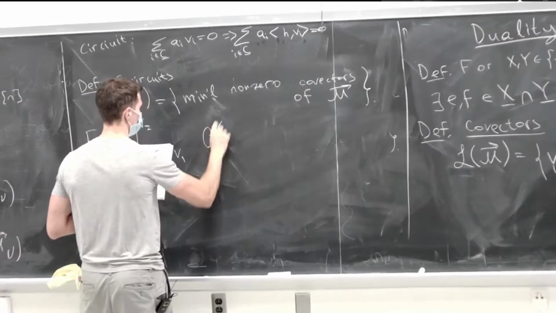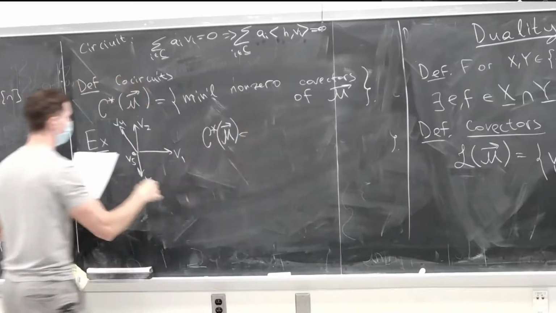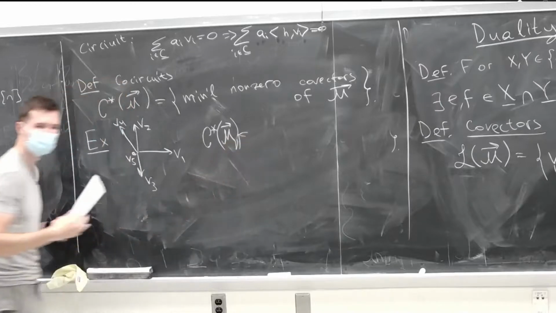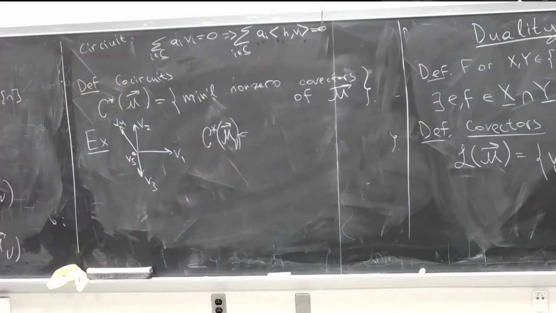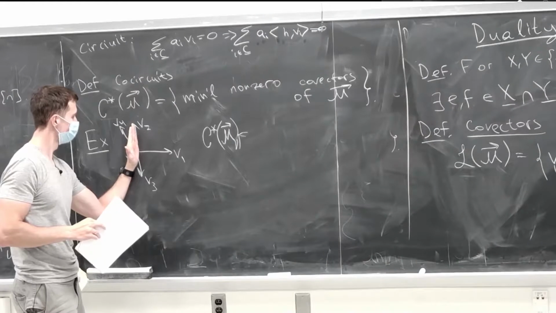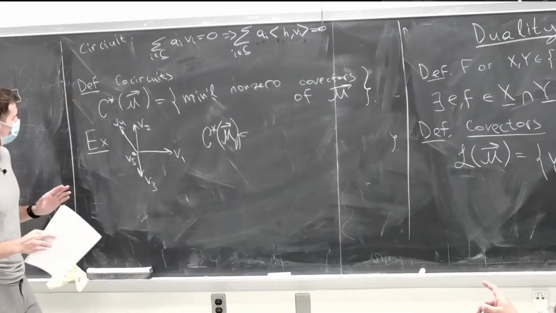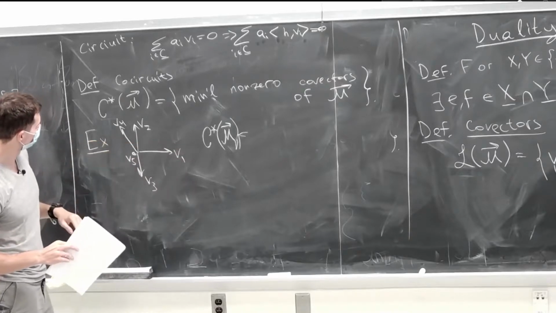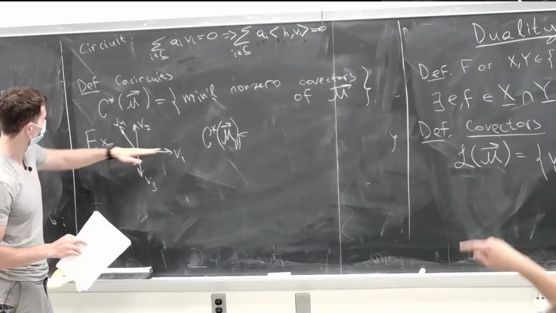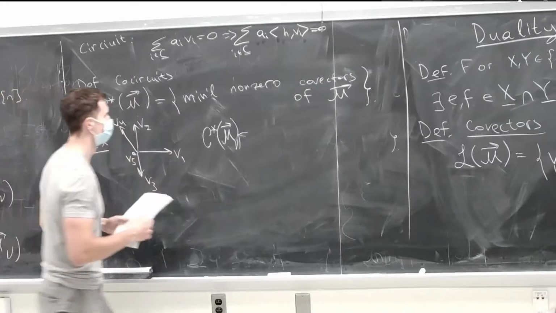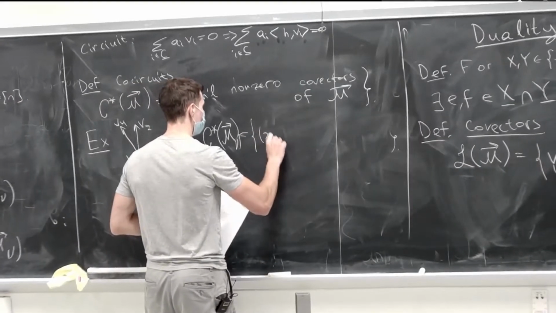What are the cocircuits of the corresponding oriented matroid? Okay, h is vertical. Then the hyperplane looks like this. Plus, minus, plus, 2. Okay, let's just write 2, 4, 3.